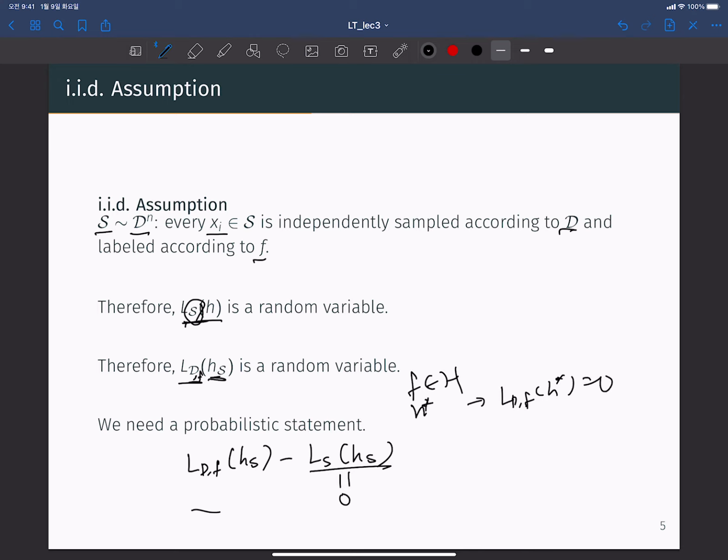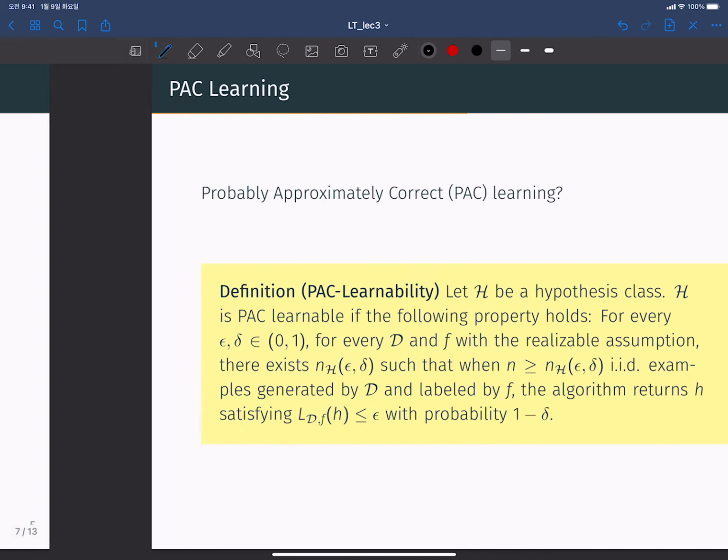So to say something about the quality of the test error of your empirical risk minimizer, because this is a random variable, we need some probabilistic statement, right?